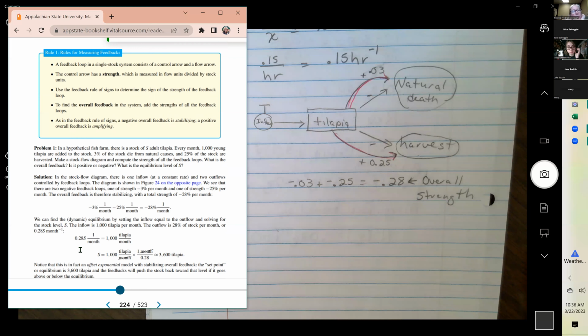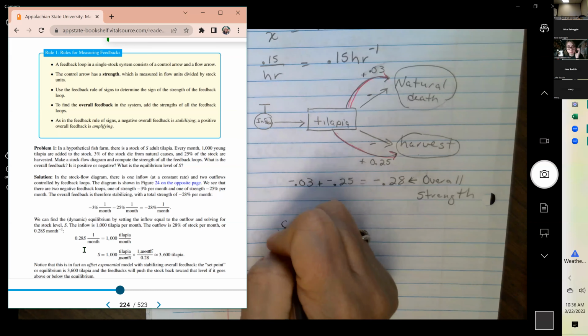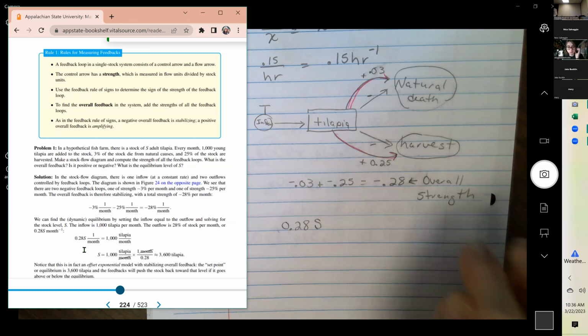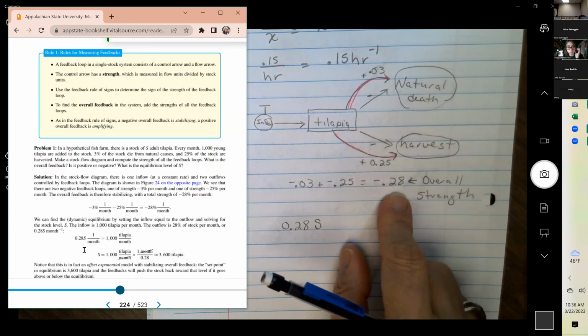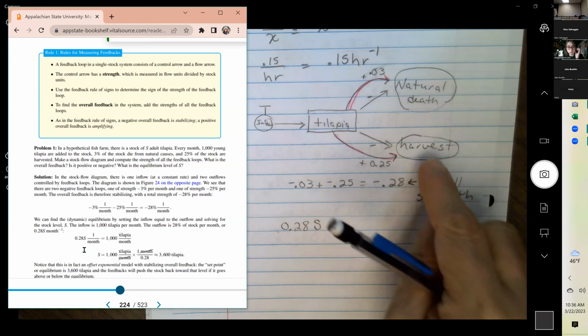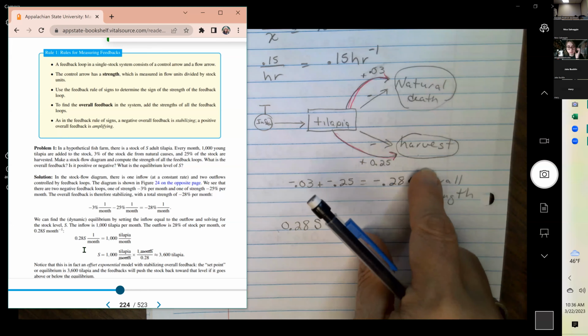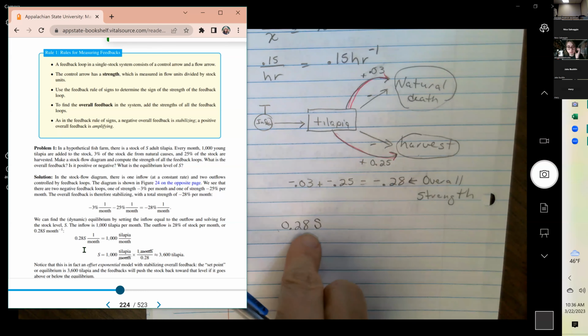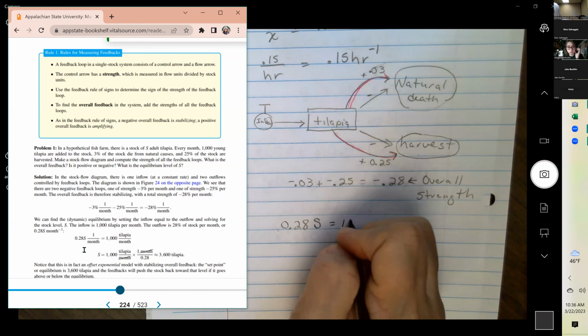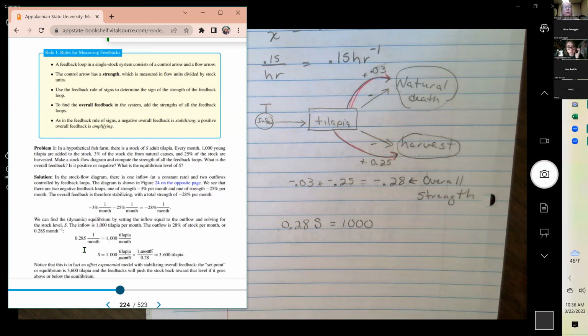And that's why they're taking 28% or 0.28 of the stock, because we said this amount of the stock is taken out each time. 3% to death and 25% to harvest. So that's 28% of your stock that's taken out, and they said they replenish it with 1,000 fish.